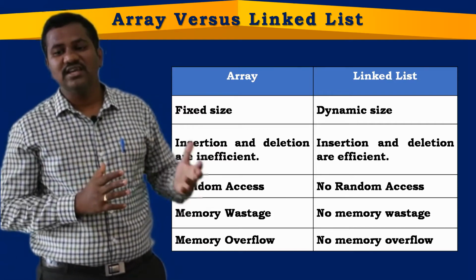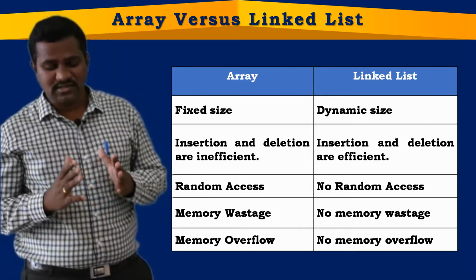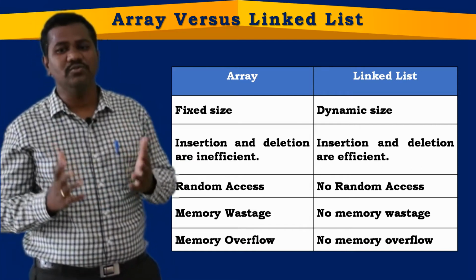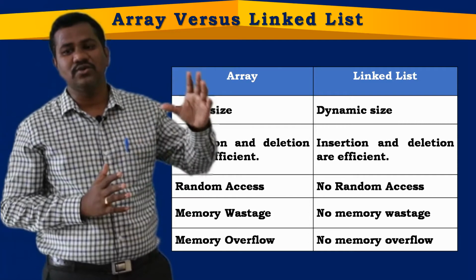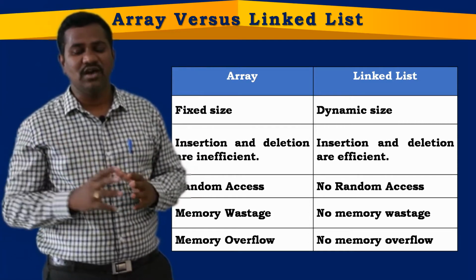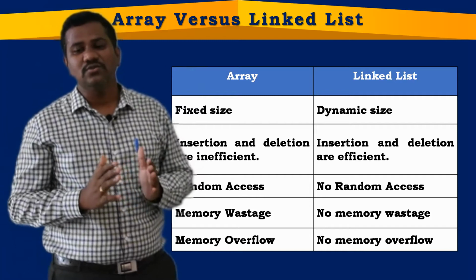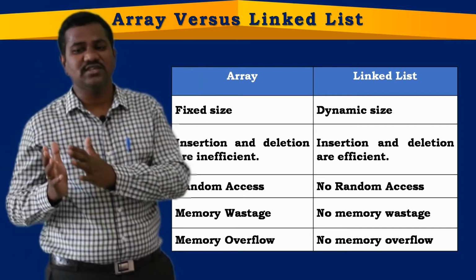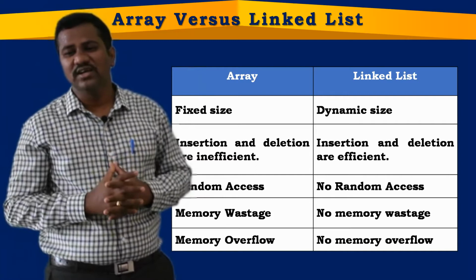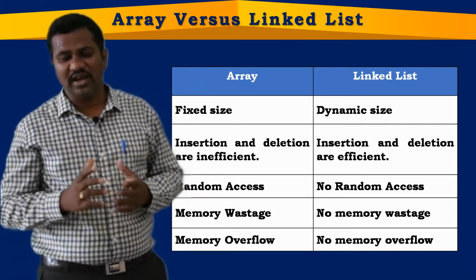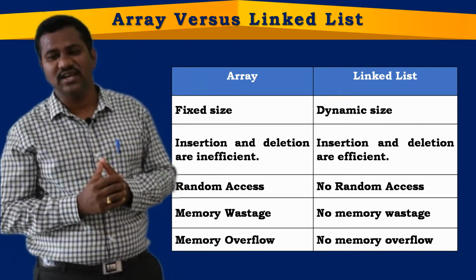In a linked list, memory is allocated for each element and stored in a separate block, and the next element's memory is again allocated in a separate block. The address of the second node is stored in the first node, and because of that, random access is not possible. We'll discuss this clearly in a further class.